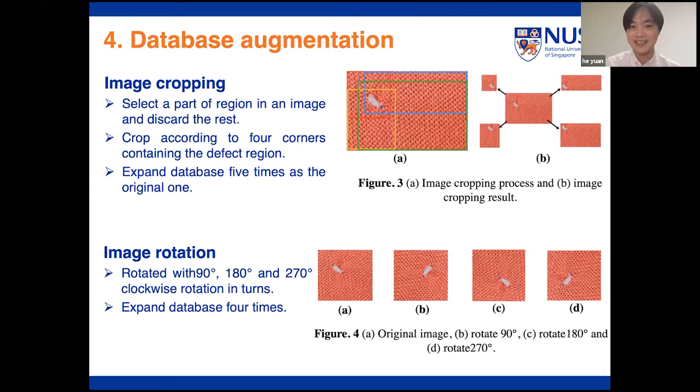We need to expand it maybe 5 times or 4 times, not just 3 times as last time, I remember. Yeah, we expand the database, and in the end, we have about 2,000 fabric defect images, but actually it's still not enough.